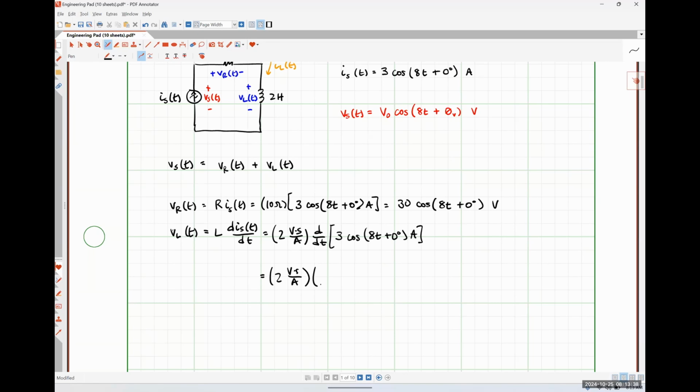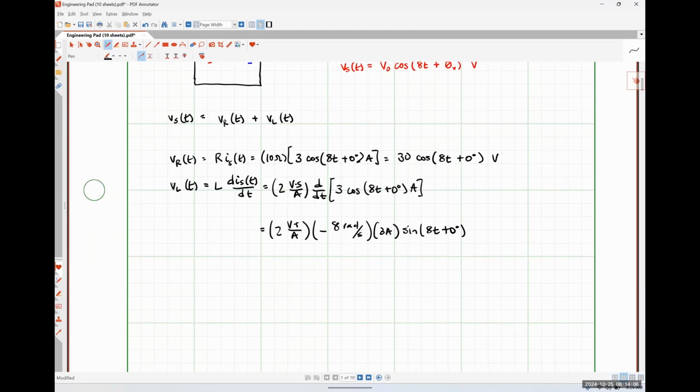So the derivative of cosine is negative sine, but we're also going to have to apply the chain rule and pull out that 8 radians per second. So I'm just going to have negative 8 radians per second. I'm going to go ahead and pull out the 3 amps as well. And now I should have sine of 8t plus 0 degrees. And if we look at our units just really quickly, amps in the denominator is canceled by amps in the numerator.